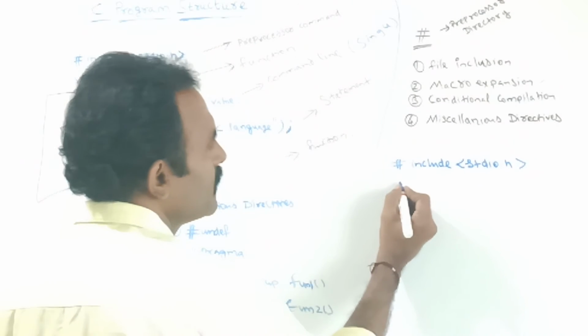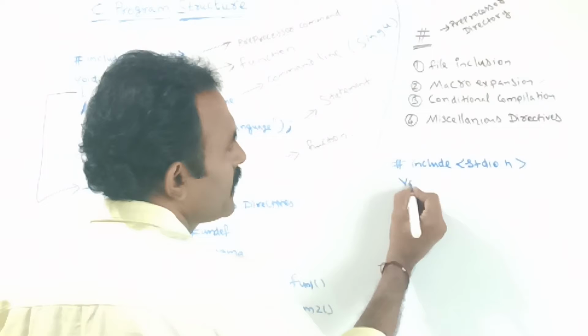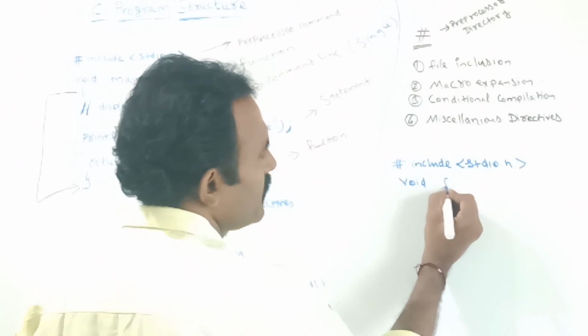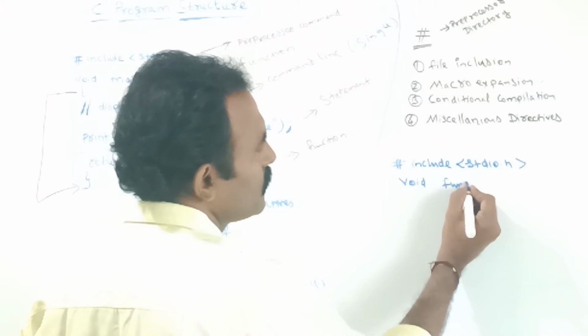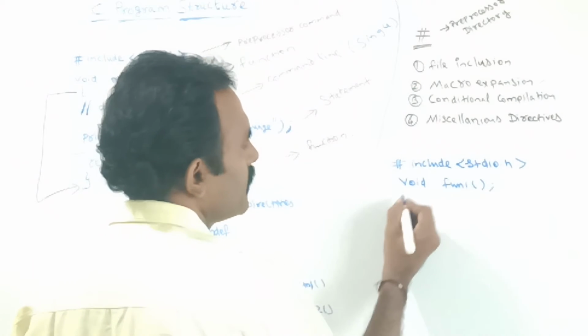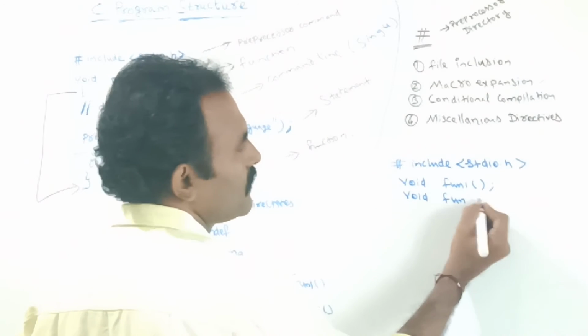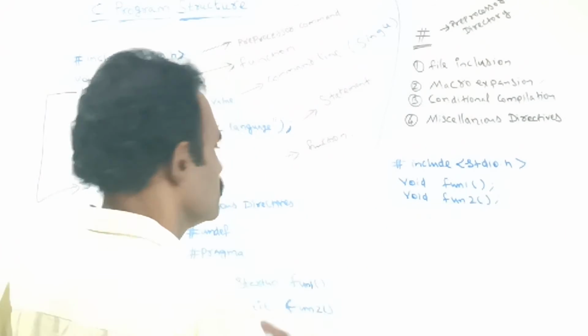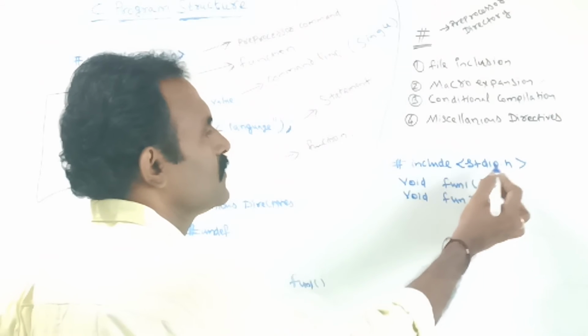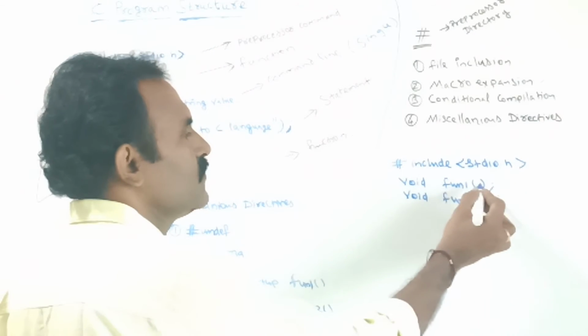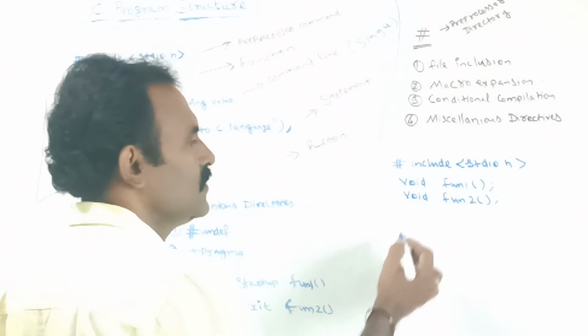After that I am declaring a function, void function 1, and next void function 2.